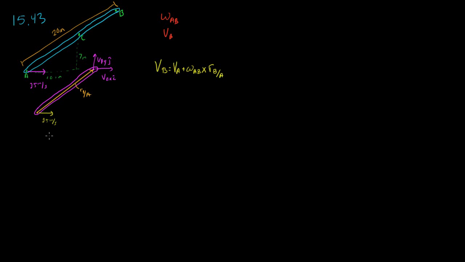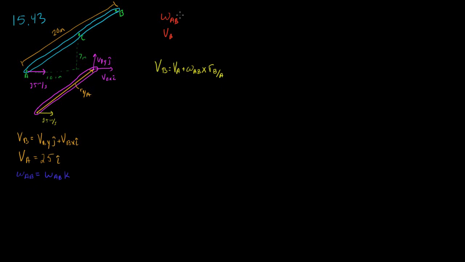Now if we write down everything we know, we have a velocity of B. These are the two unknowns, so the velocity of B y has a j component, plus the velocity of B x has an i component. This velocity of A is 25 i. And we don't know this angular velocity of AB, so let's just say it's omega AB in the positive k direction. And what is this distance from here to here?